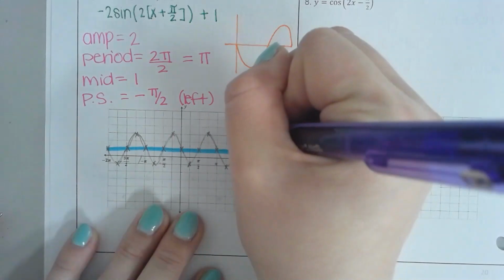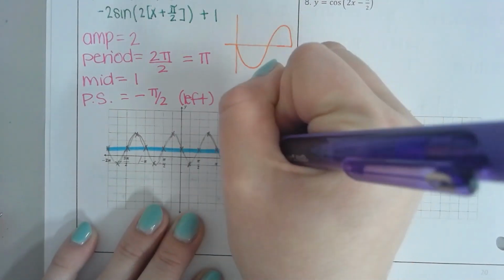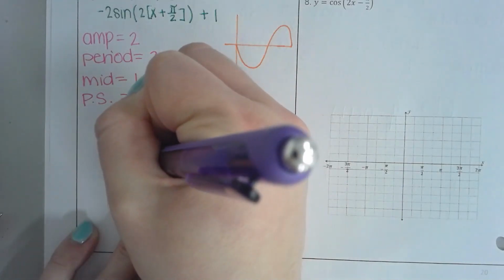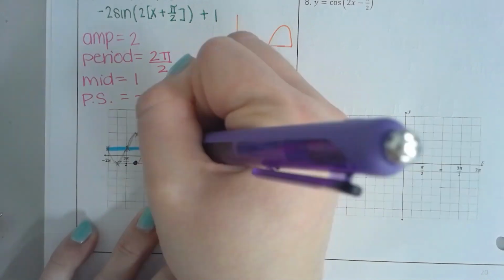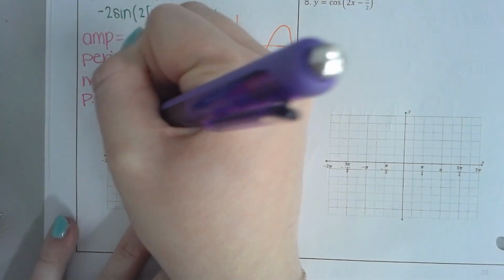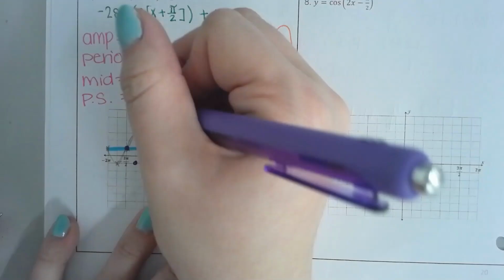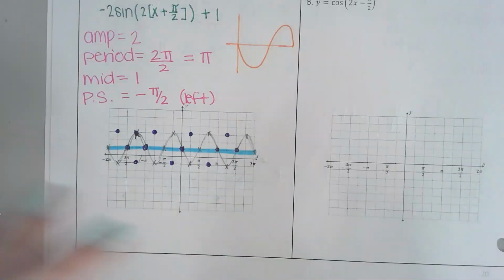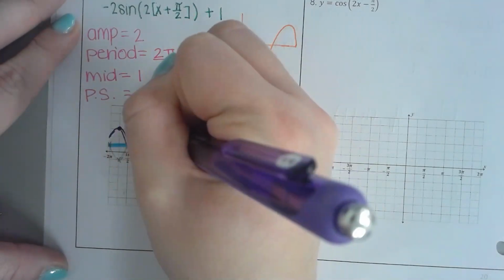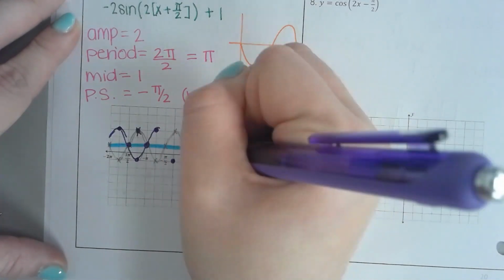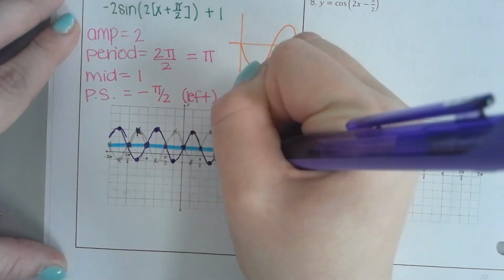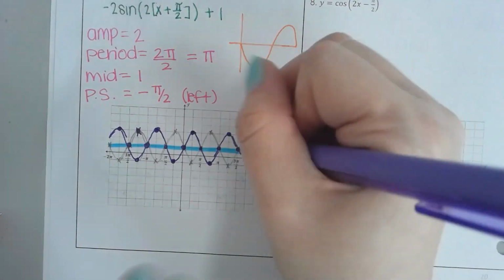So everything's going to move left, 2. This one is kind of, because they overlap, it's kind of hard.